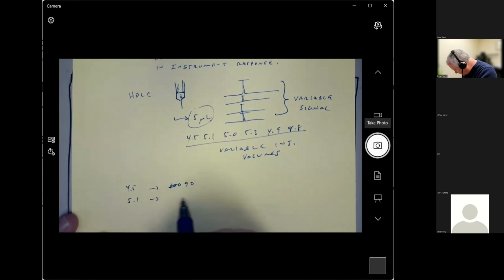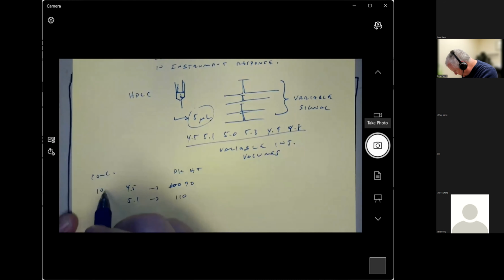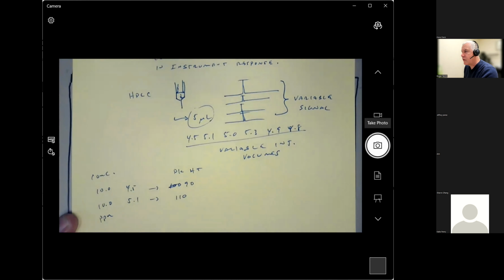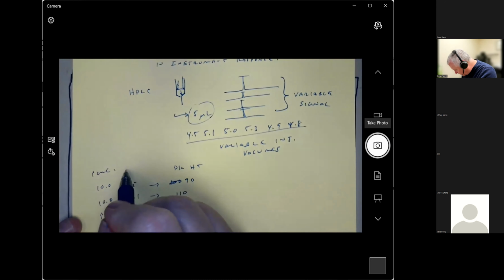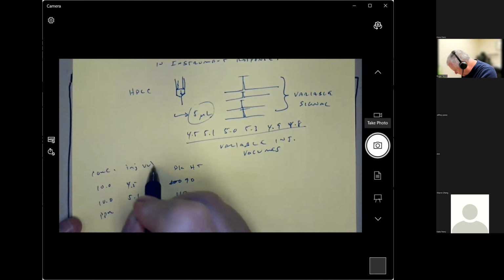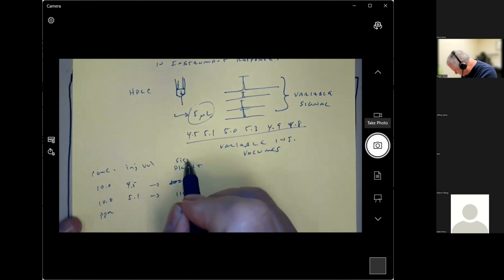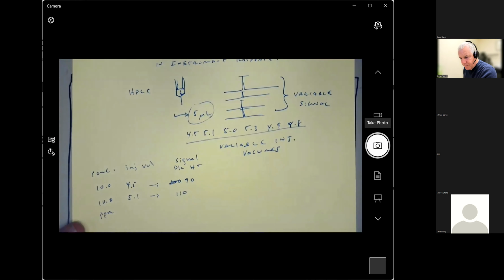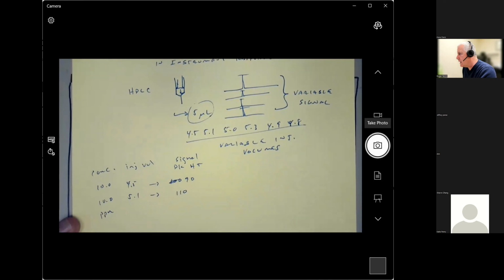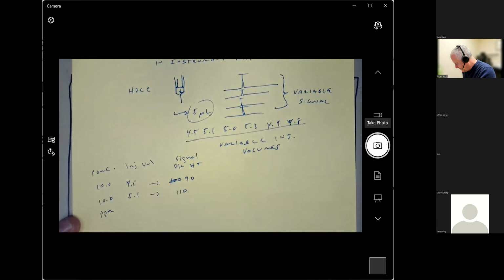This goes to a peak height of 110, etc. But the concentration is 10.0 parts per million in each case, right? But the injection volume fluctuates, so the signal fluctuates, right? Are you following me, Snigdha? Yes. Kind of. I just need to take it in.